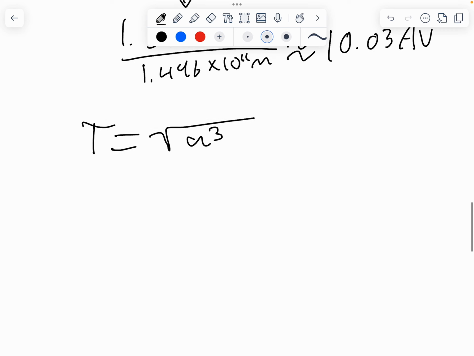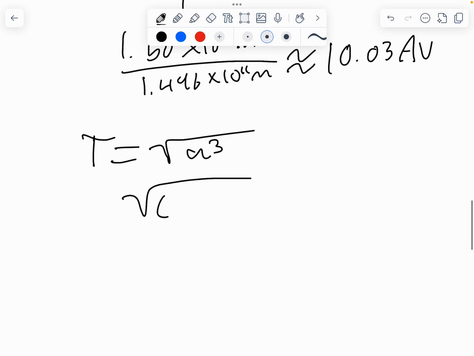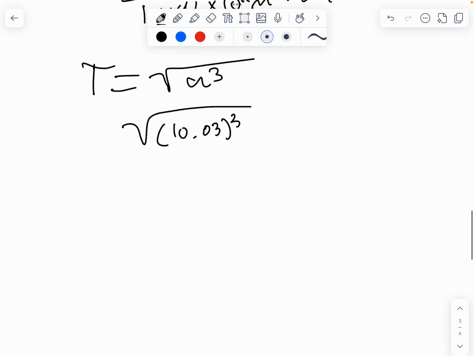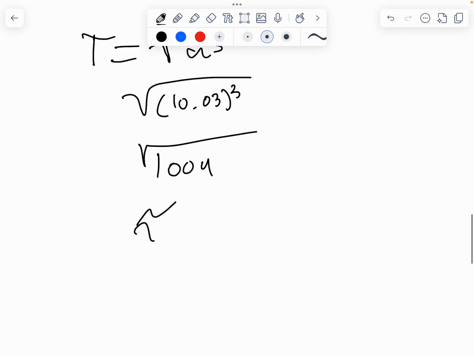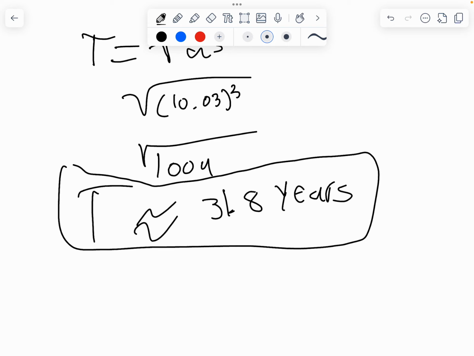square root of A cubed. So you will put A, which we just found, and that will equal out to be 1009. Square root that, 31.8 years is your time. That was just using Kepler's third law.